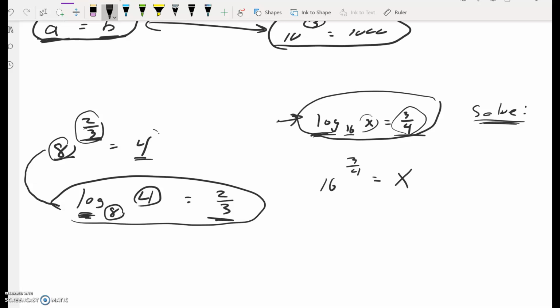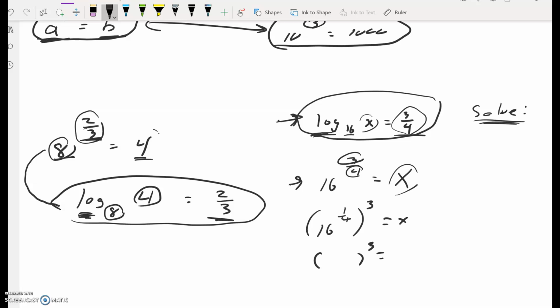So when we change this logarithmic equation into an exponential equation, it turns out to be an equation where x is already by itself. All we have to do is this calculation, and this calculation can most easily be done by taking this 4 in the denominator and thinking of it as a 1/4 power or a 4th root, and only then cubing that result.